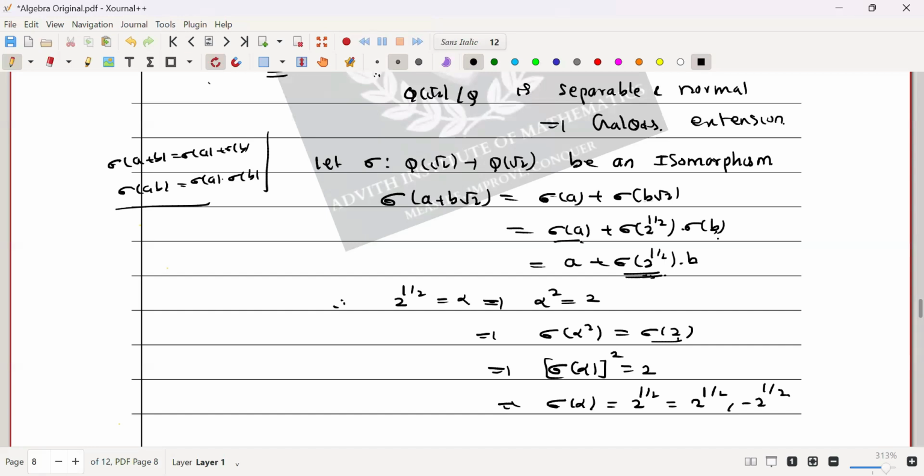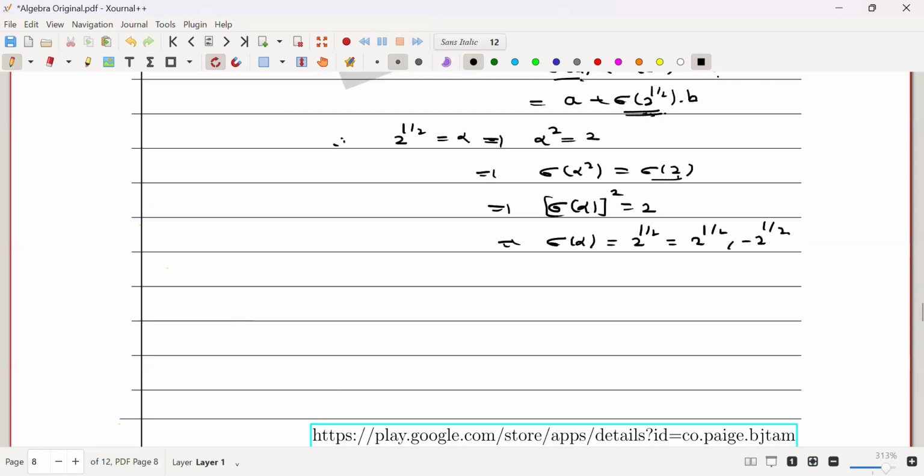That means the square root of 2 is equal to plus or minus 2 power 1 by 2. These are the roots. So therefore sigma of alpha is equal to either alpha or minus alpha, can we say. So this is alpha, and this is minus alpha. So sigma of alpha is equal to plus or minus alpha.